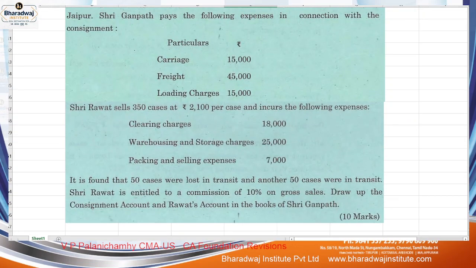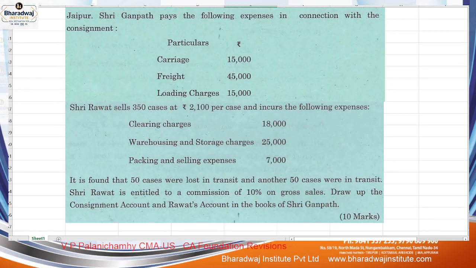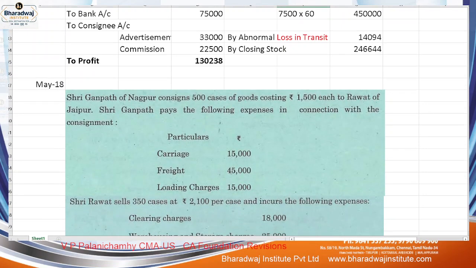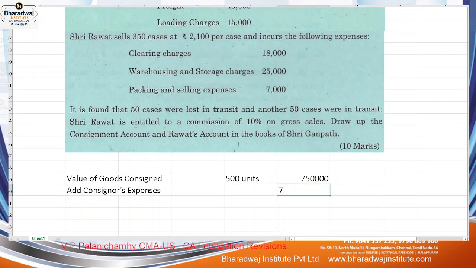Any expenses? The carriage, freight, loading charges: 15,000, 45,000, 15,000. All the expenses you have to add. 15, 45, 15, total 75,000. Total value of 500 units comes to 8,25,000.